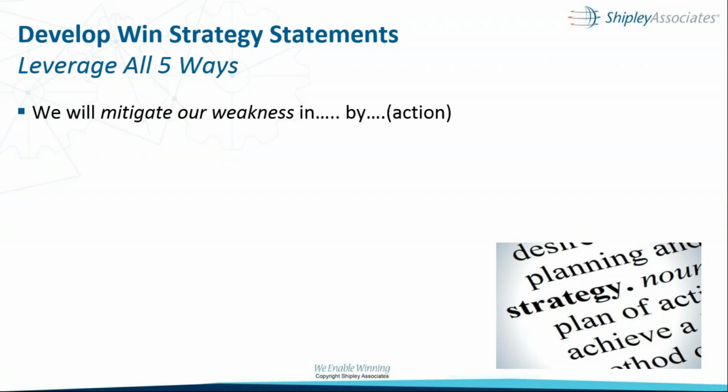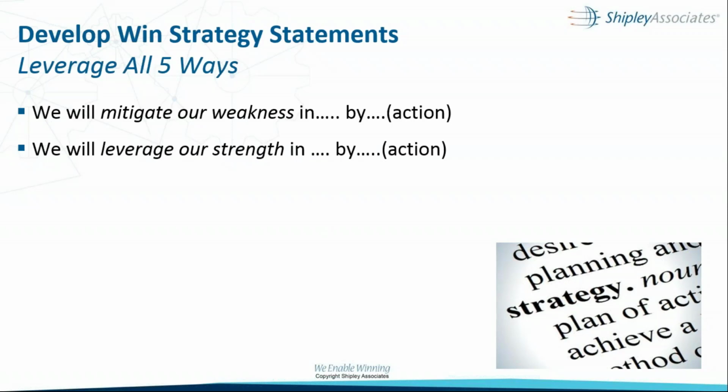And it's just a template that says, okay, we're going to mitigate our weakness in something by doing what? Remember, I think it was David or someone talked about a strategy is actionable. It is an action plan. So if we're going to mitigate a weakness we have, what are we going to do about it? Leverage our strength in something by doing what?